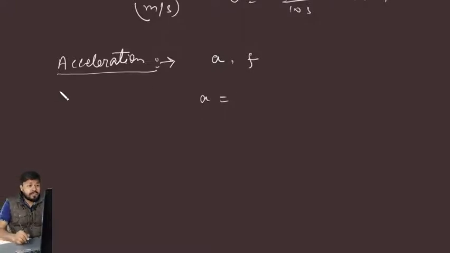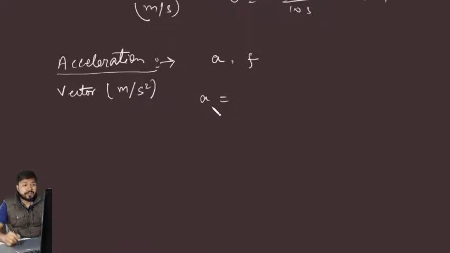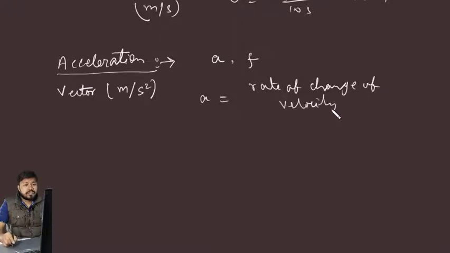It's again a vector quantity. It has both direction and magnitude. The SI unit is meter per second square.